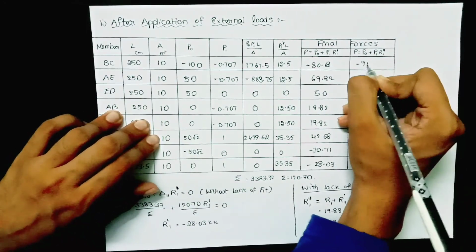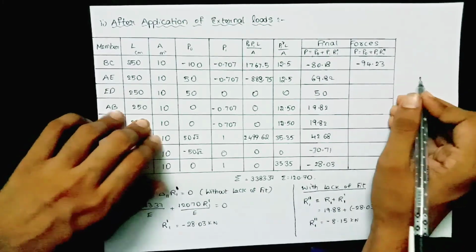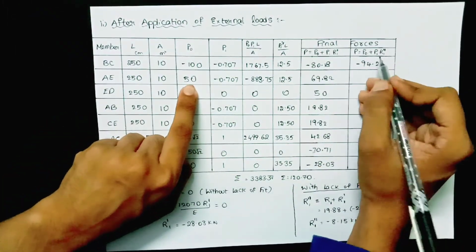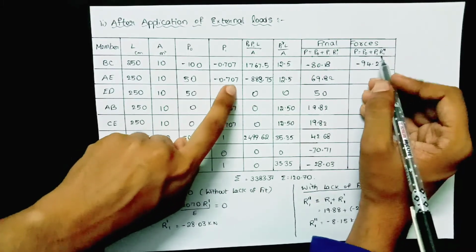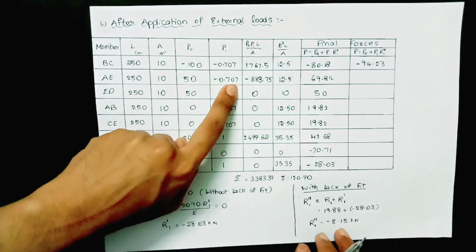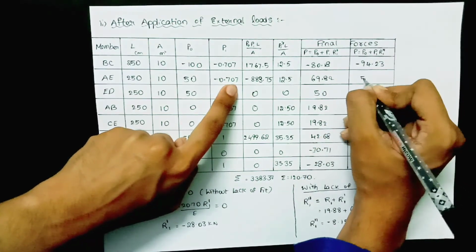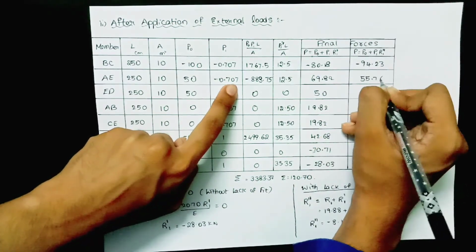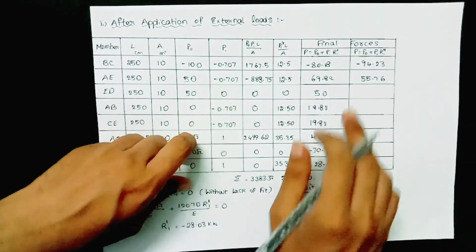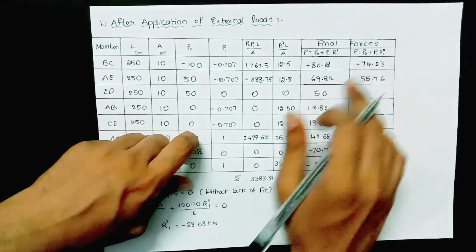I got it as 94.23. Now again p0 for this value is 50 plus p1 into r1 double dash. P1 is minus 0.707 and r1 double dash is minus 8.15. The value is 55.76. So similarly calculate all the values by placing p0, p1 and r1 double dash.